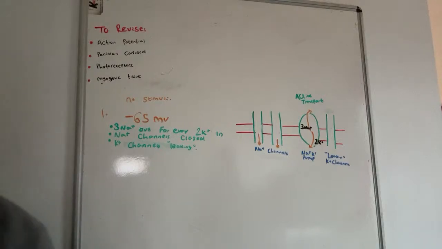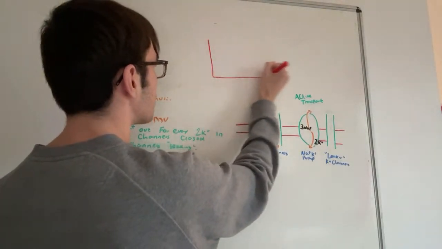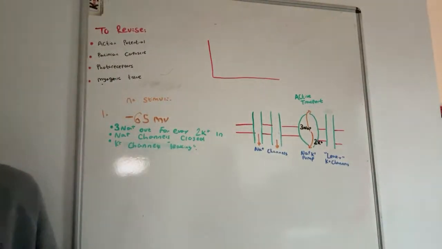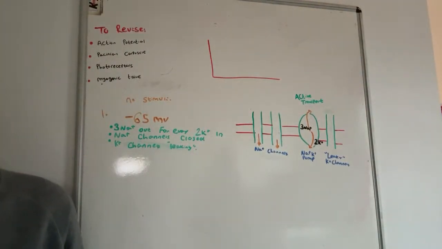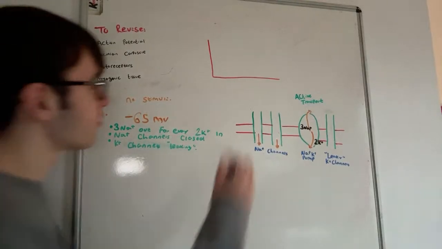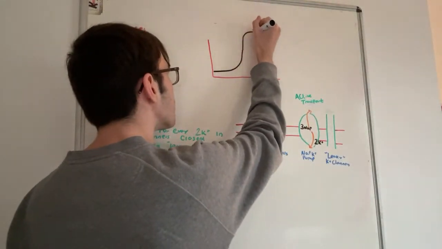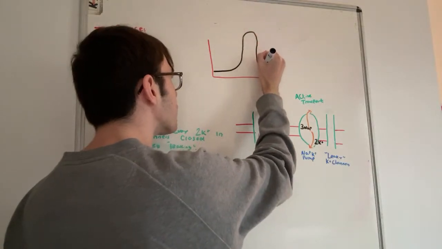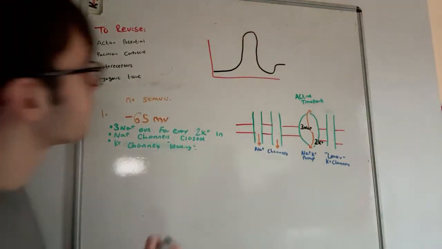Now, I can quickly draw the diagram here. Maybe this will help. What it is to begin with is the resting potential. And it's basically just like that.